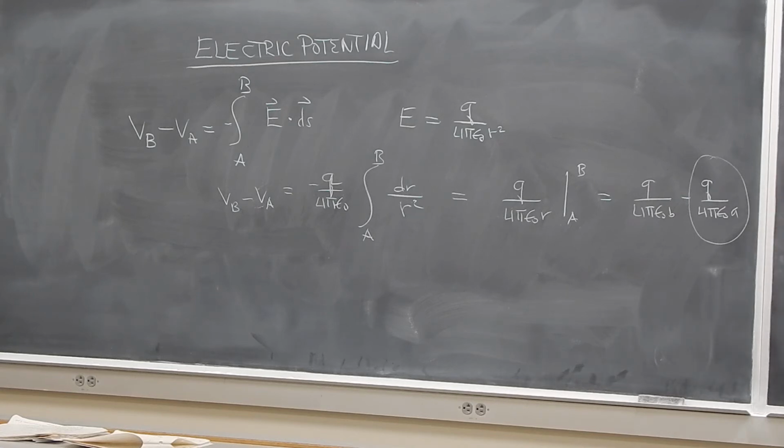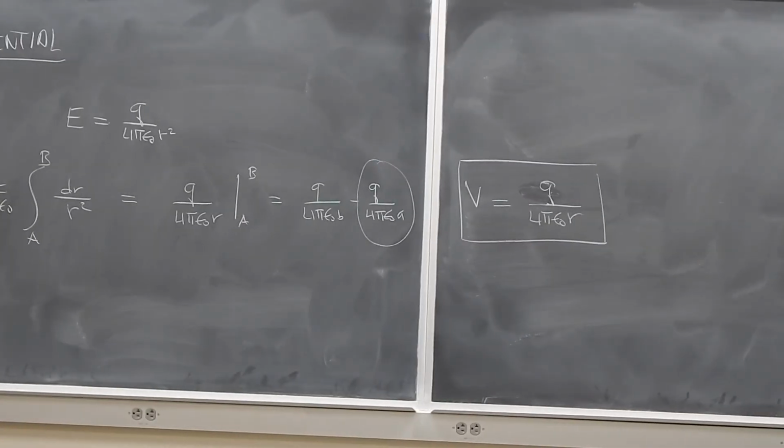And this is a valid expression for a point charge. If I have more than one point charge, all I have to do is the algebraic sum. It's the superposition of all of those charges at some point.